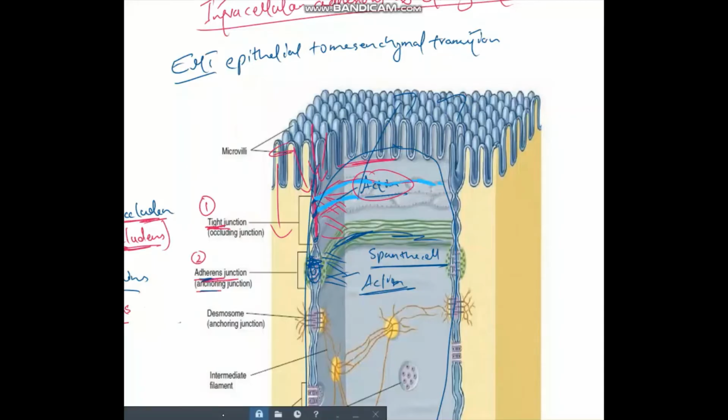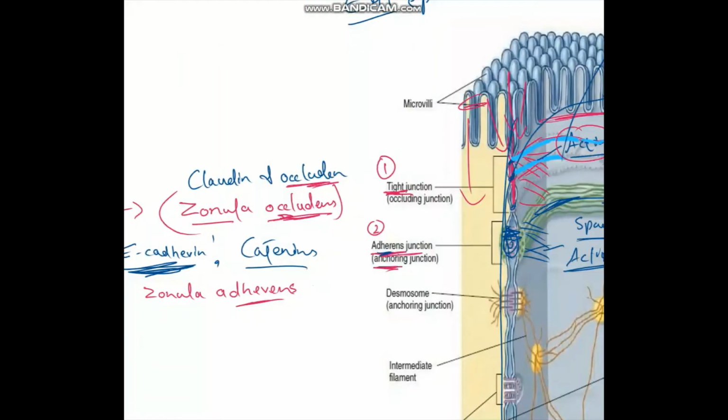Okay. Just like the zonula adherens or the adherens junction, we also have another type of anchoring junction, and those are the desmosomes. These desmosomes also contain cadherin family proteins. So they also contain cadherin, and these may be desmoglein or desmocollin.